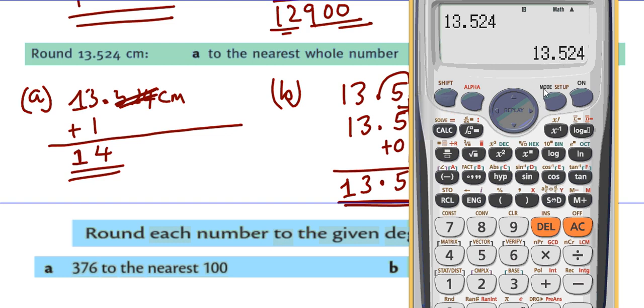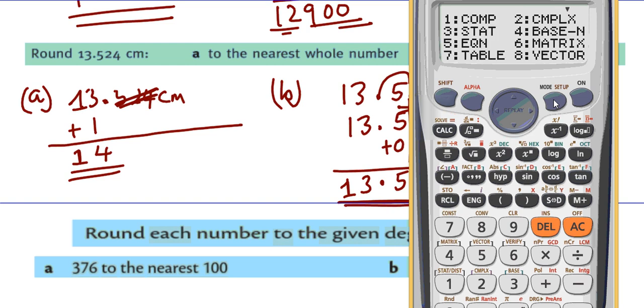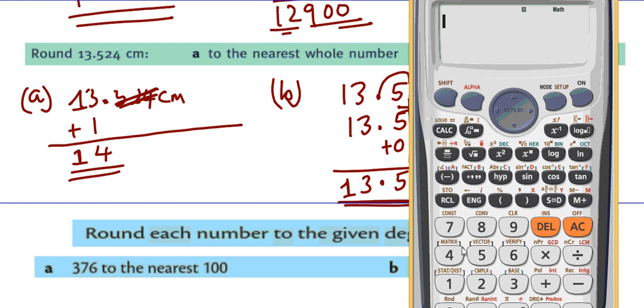So what we do, we go to mode, we press the mode, and then, okay, 1 minute, let me check, 13.524, is equal to, this is the number, 13.524.